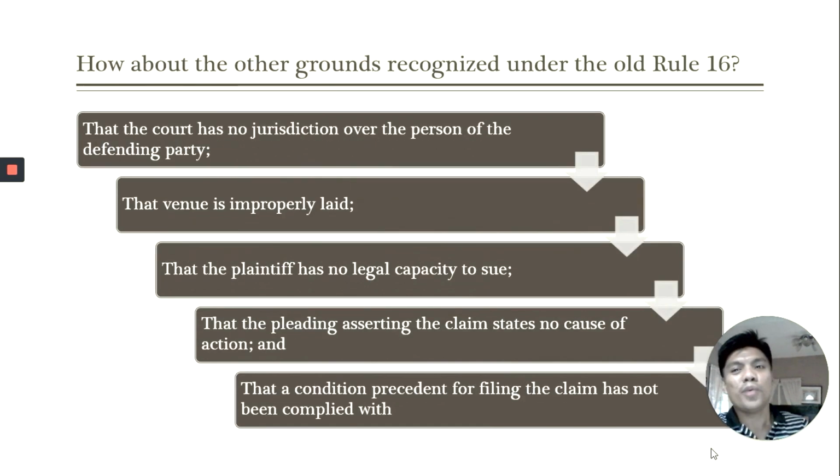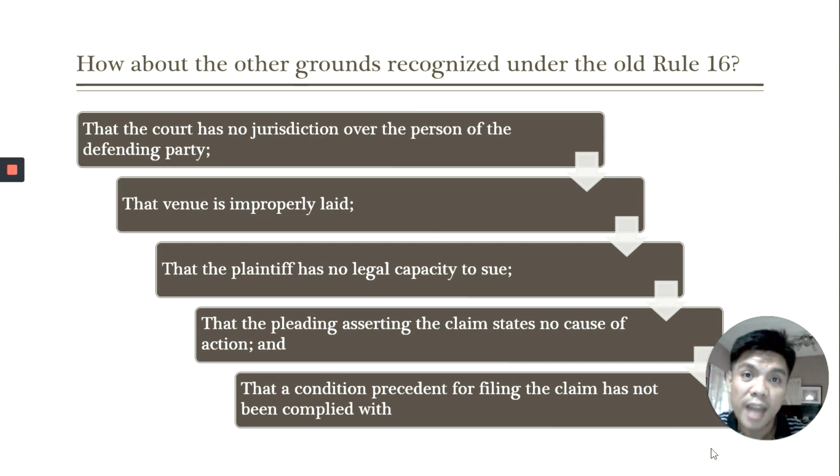So what happened to the other grounds recognized under the old Rule 16? And I am referring to the following. That the court has no jurisdiction over the person of the defending party, that venue is improperly laid, that the plaintiff has no legal capacity to sue, that the pleading asserting the claim states no cause of action, and that a condition precedent for filing the claim has not been complied with.